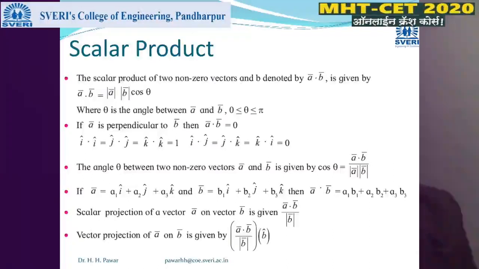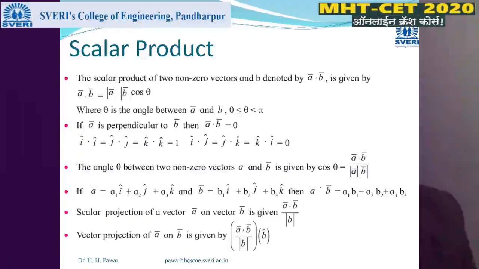Also, if a bar is equal to a1i plus a2j plus a3k and b bar is equal to b1i plus b2j plus b3k, then a bar dot b bar is equal to a1 b1 plus a2 b2 plus a3 b3.